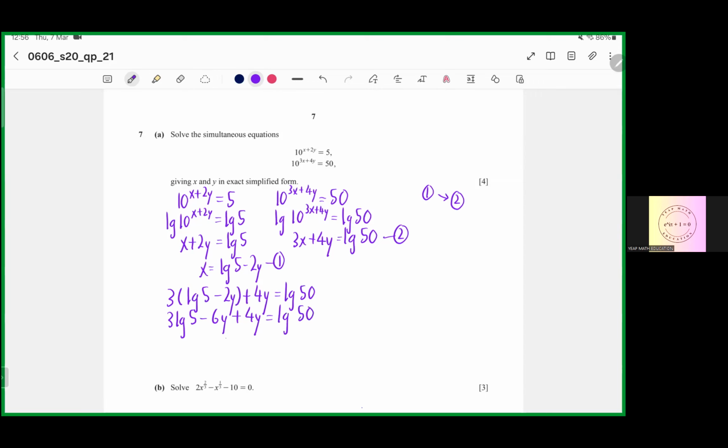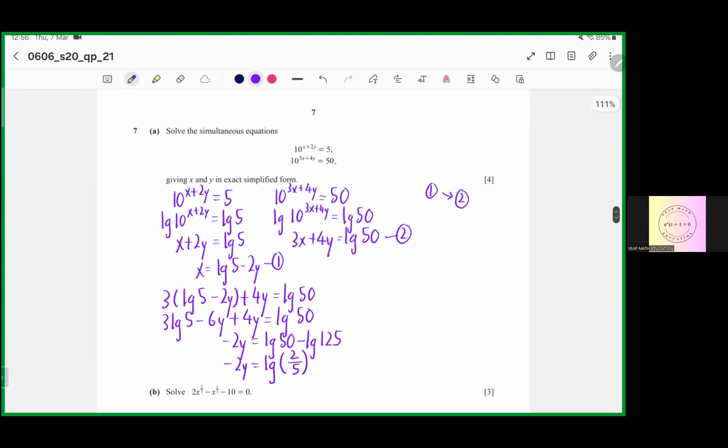Now I get negative 2y equals log 15 minus log 125. Okay, and then I got log 2 over 5 here. So actually it's y equals negative 1 over 2 log 2 over 5.